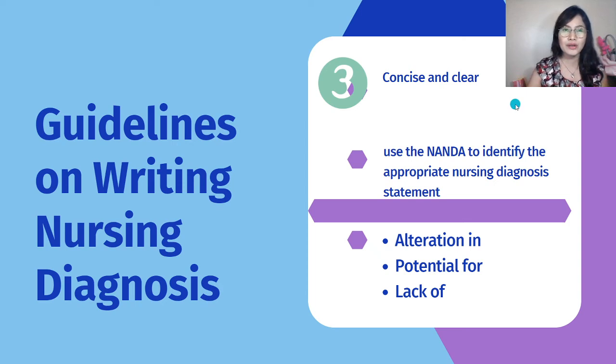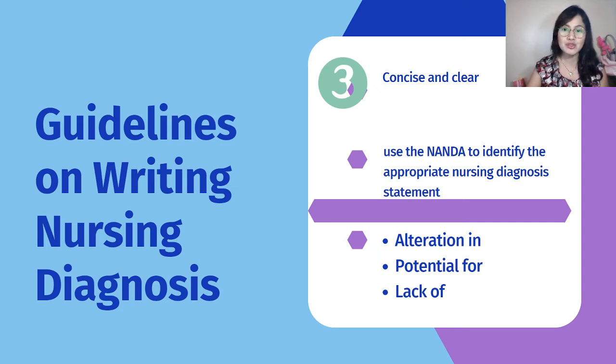In order for you to be understood by your peers, you must make sure that what you have written about the client's health condition, the nursing diagnosis, is clear and concise. In order to do this, you use the NANDA so that you will be able to identify the appropriate nursing diagnosis statement.